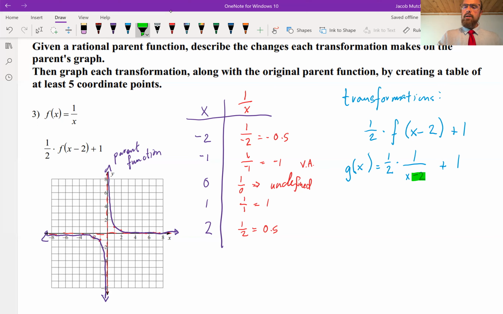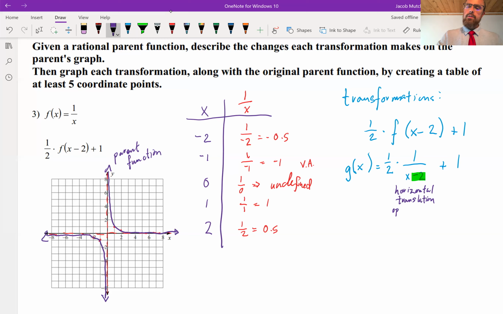So we'll start with the -2. That is a left or right hand shift, a translation. So I'm going to note that horizontal translation is opposite the sign.